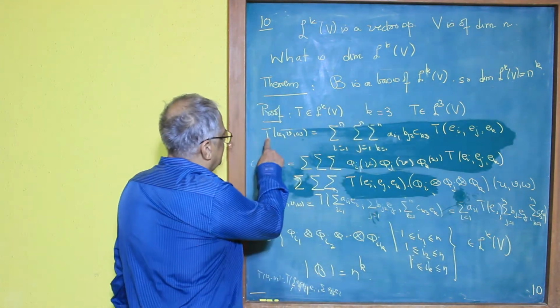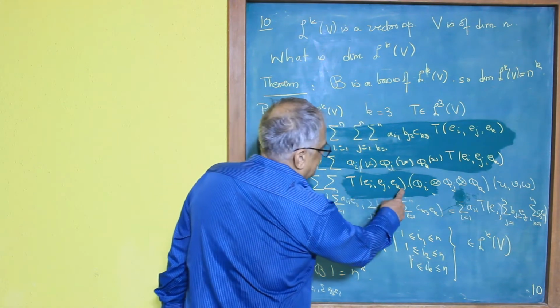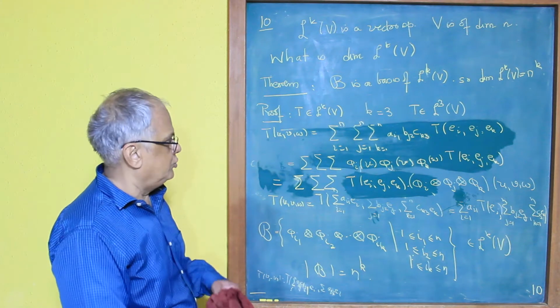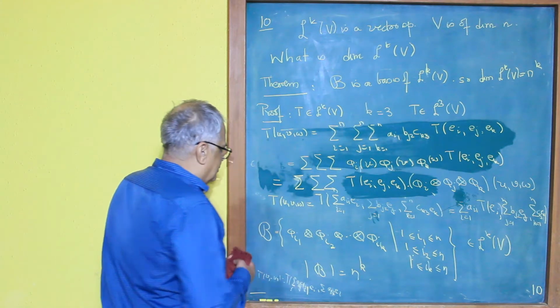So I'm saying that T is equal to this scalar times phi_i tensor phi_j tensor phi_k, because this is true for all U, V, W. So what have I just shown you?